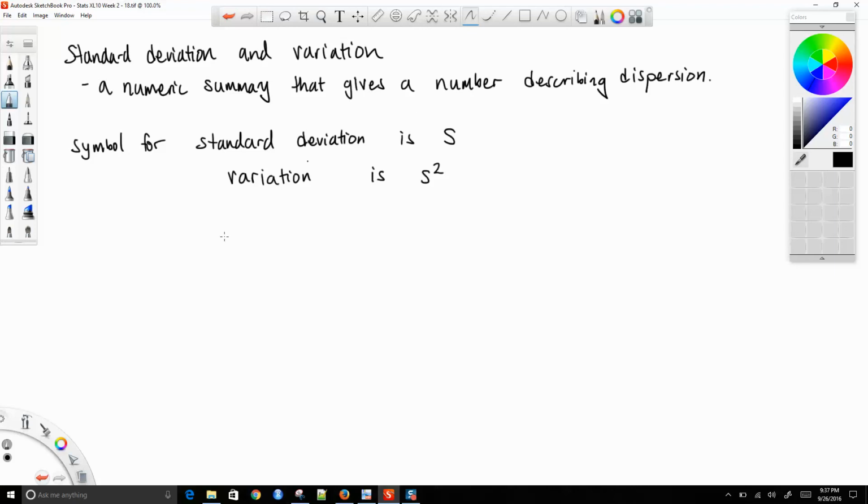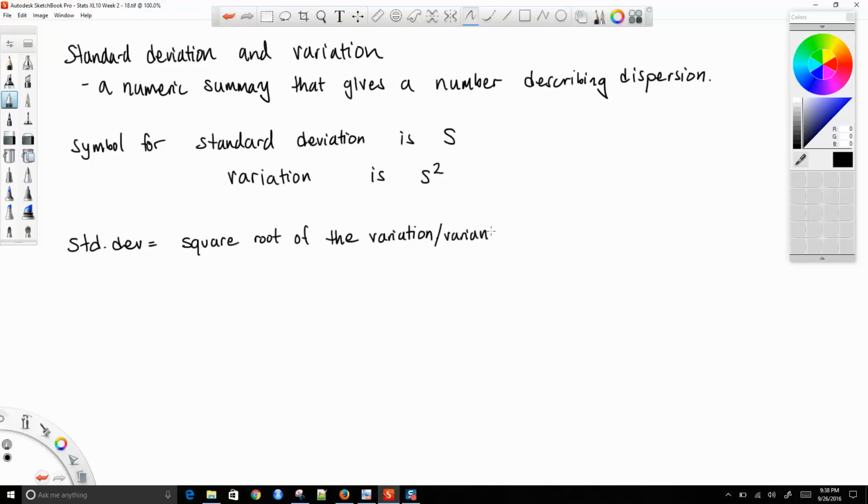So the standard deviation is equal to the square root of the variation. I'll also write variance.